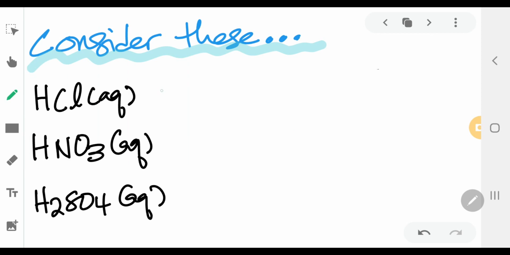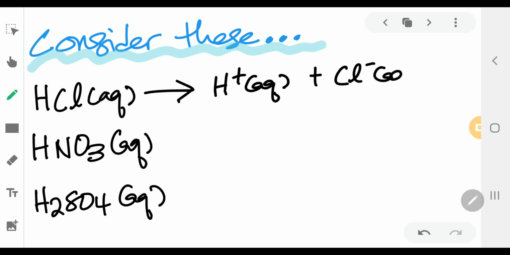Because they are completely dissociated, the equation will be using a one-way arrow. This is because your HCl will be 100% or nearly 100% dissociated, changed into H plus, your proton, and also the chloride ion.